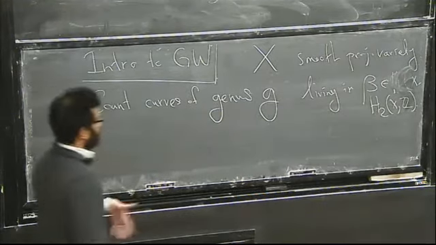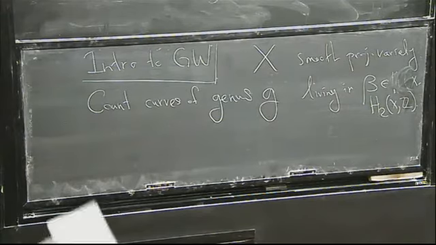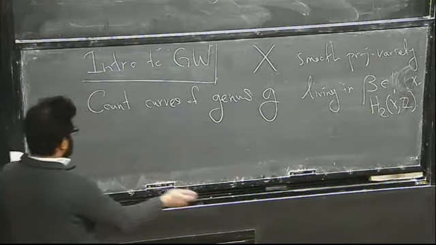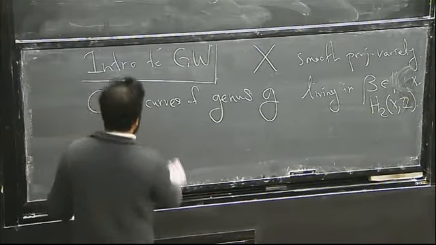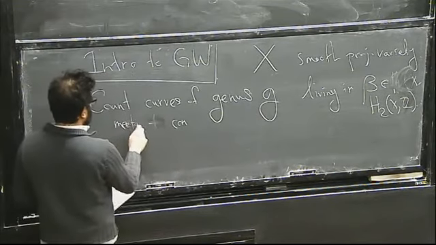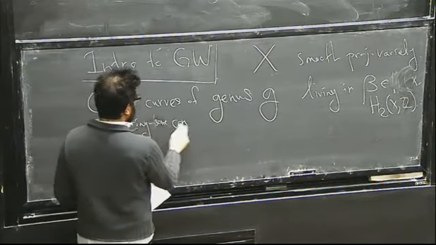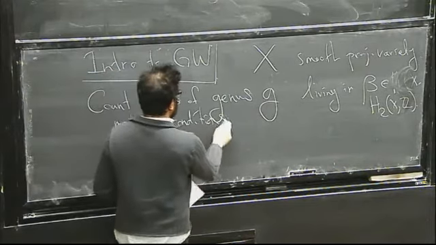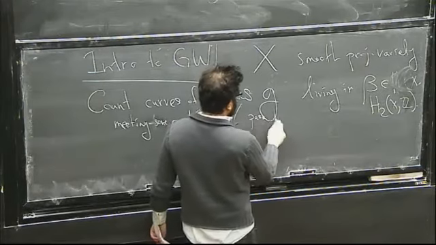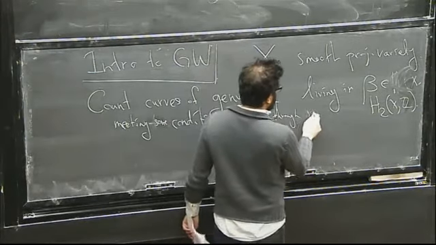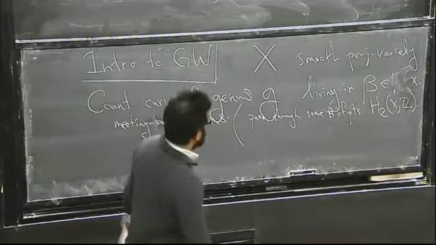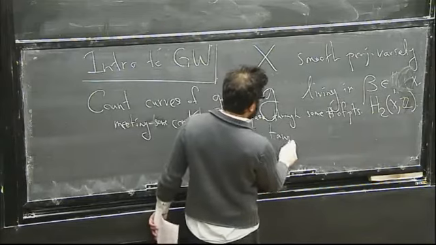So, curves of degree D of some genus on the plane, for instance. And well, to count them, you'd like there to be finitely many. So maybe you add some constraints, satisfying some constraints. For instance, you could ask them to pass through some number of points. Or maybe you want them to have some tangency conditions.